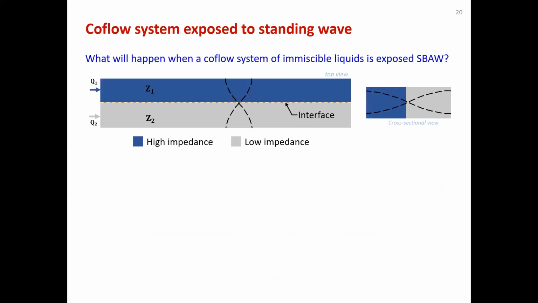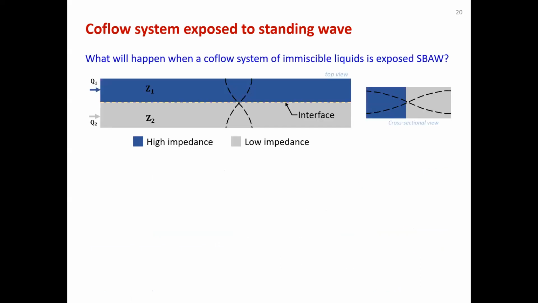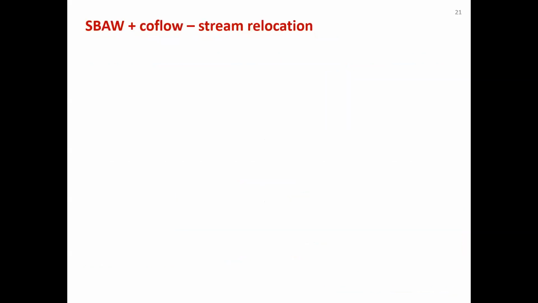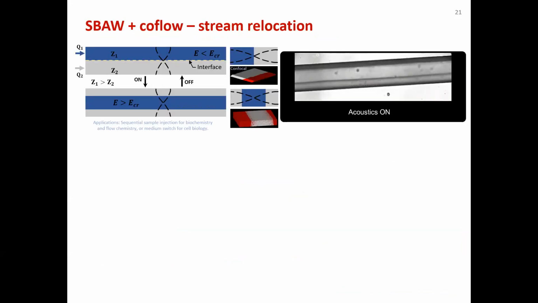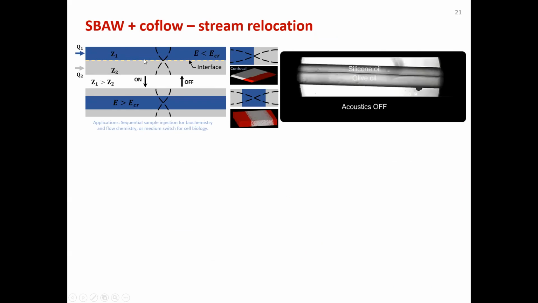This was for co-flow systems where the fluids are miscible. So we asked what happens when these fluids are immiscible, meaning they have an interface between them. We tried to understand this from experiments and scaling. What we found was that when you have two immiscible fluids and you expose them to sound wave, yes, the high impedance fluid relocates to the center, but this relocation is conditional.